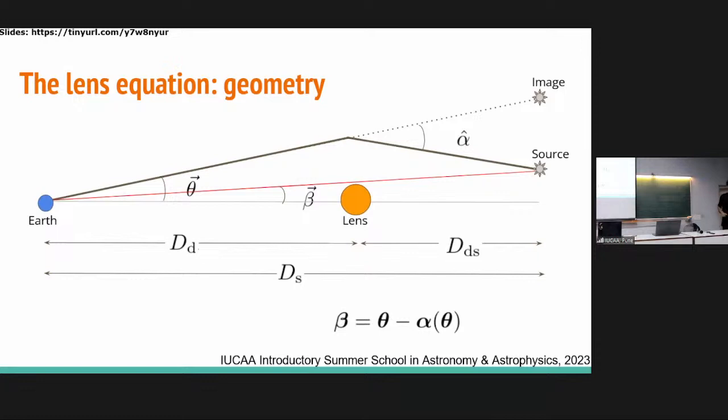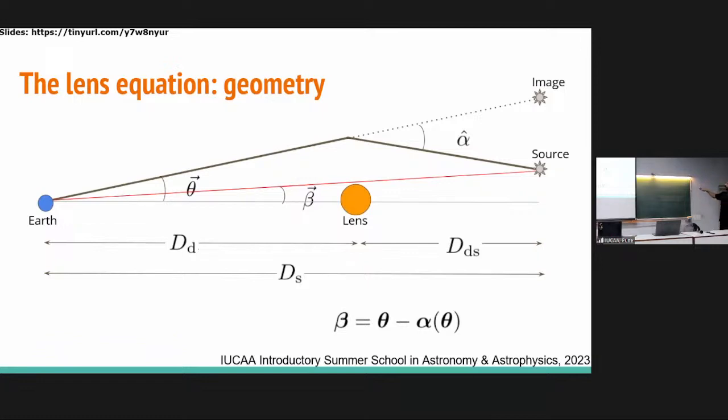What we want to do is to relate the position of the images that we will see with the true positions of the source. As an observer on Earth, if the lens was not here, light from the source would have traveled on this red line and you would have seen it. So the angle with respect to the lens of the unperturbed ray, let's call that beta.